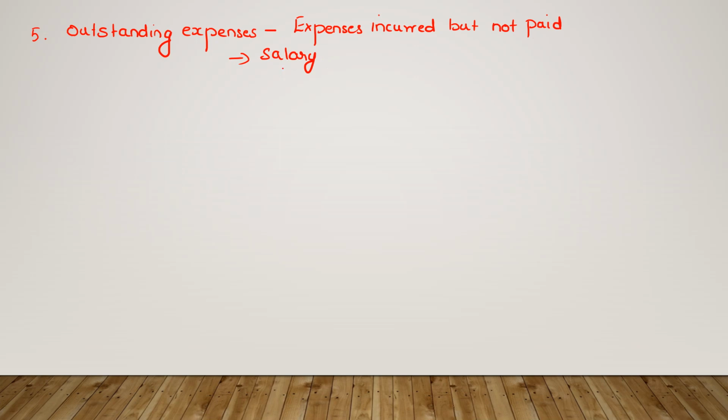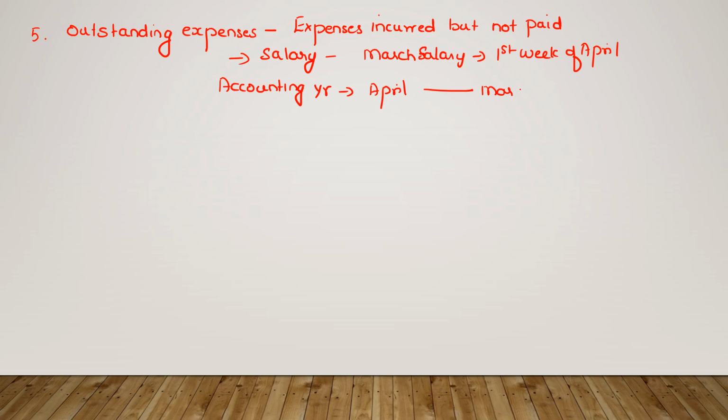For example, March month's salary would be received in, say, the first week of April, and our accounting year is from April to March. So this March month's salary would be paid in April, which is the next accounting year.